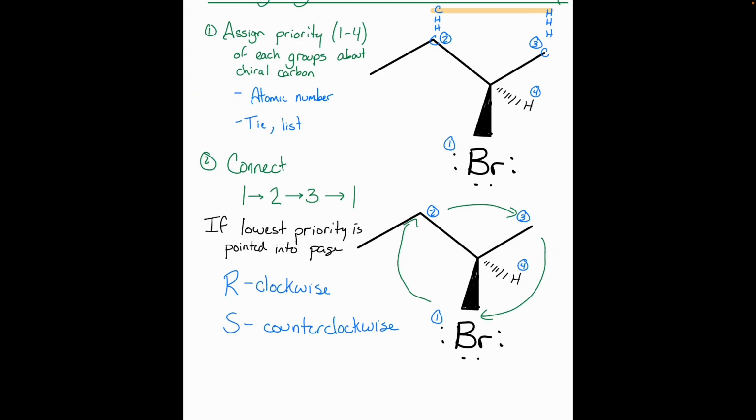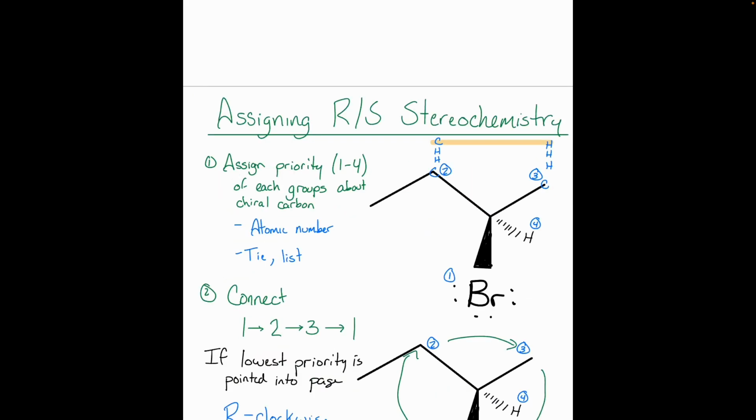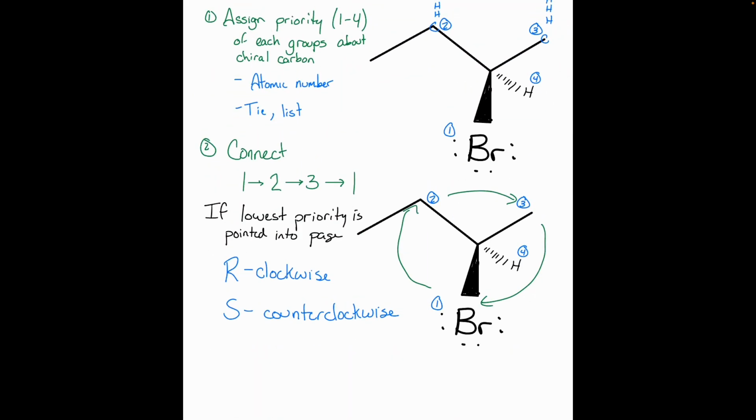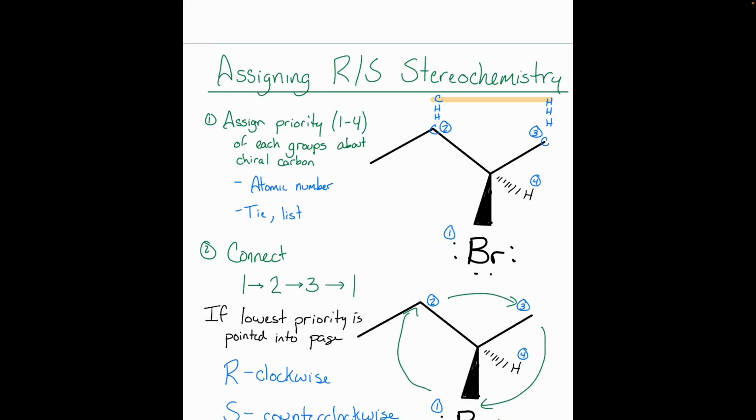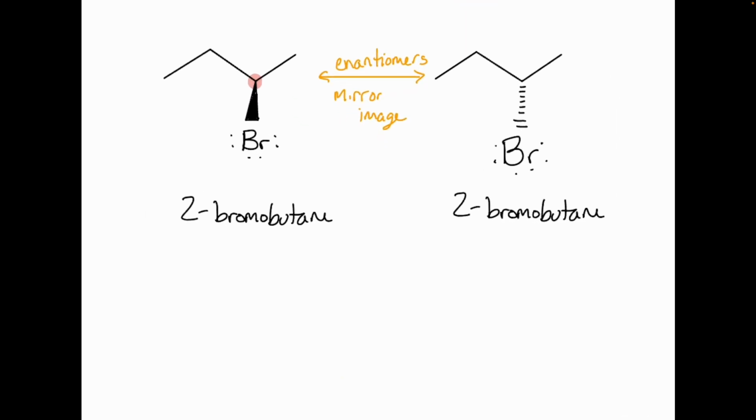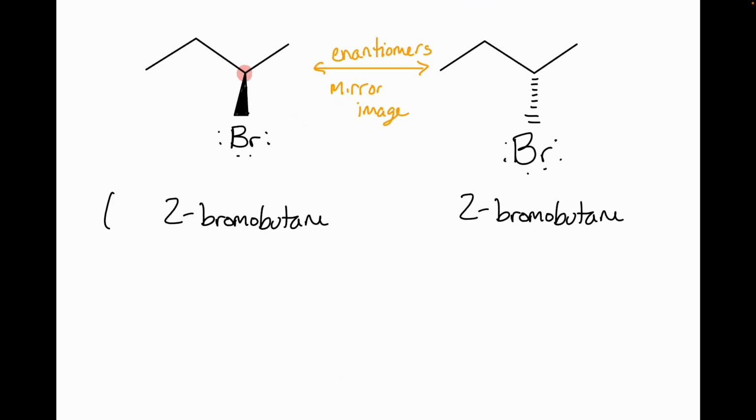So then we established that this one is going in the clockwise direction, so that would be our R. Obviously the mirror image, the enantiomer, is the S. But let's take this as an example so we can make a point.